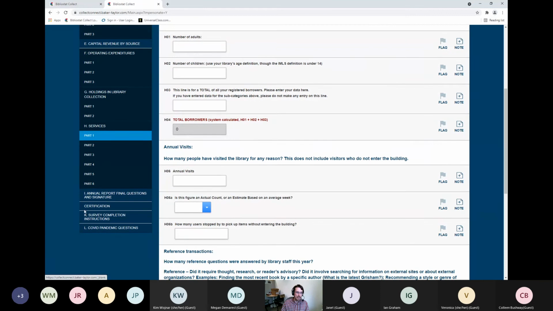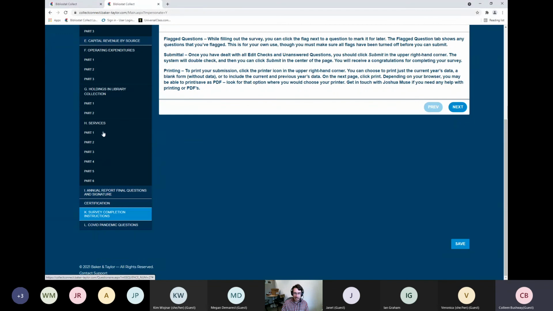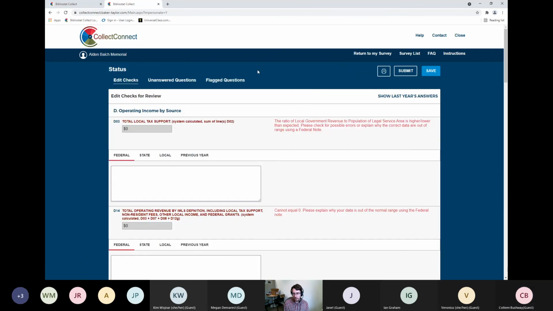So what's going to happen is you're going to feel like you're done. You're going to have gotten to the end of the report. What you want to do at that point, once you think you've put all the data in, is click Show Status, and this tells you if there's any place that you didn't fill in or any place where there's what's called an edit check.